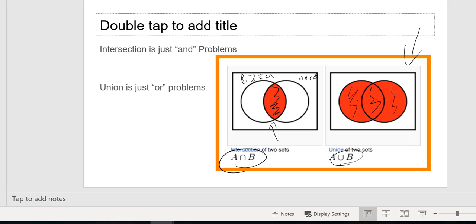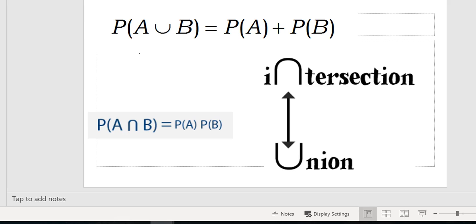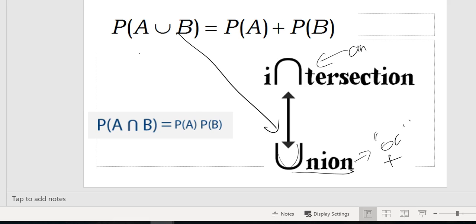We will come back to these when we talk about Venn diagrams. Here are the symbols. If you see a U-looking one, that's called the union. It's an OR problem, which means you add. This is called an intersection, where the two circles intersect, which is an AND problem, which means you multiply. So it's just a fancy way of saying AND or OR.